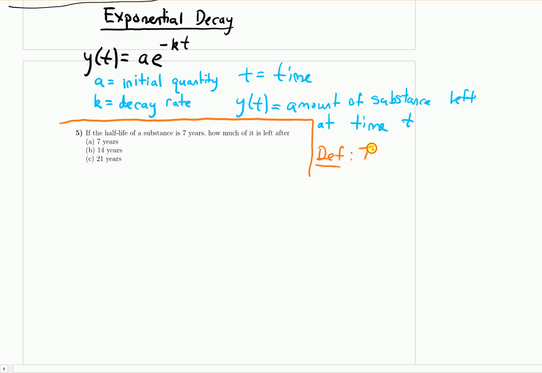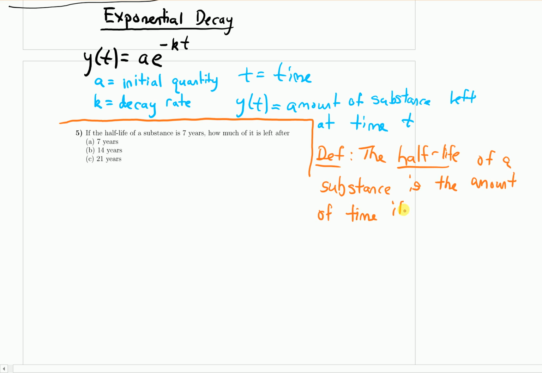The half-life of a substance is the amount of time it takes for half of it to decay, or in other words, for half of it to be left.